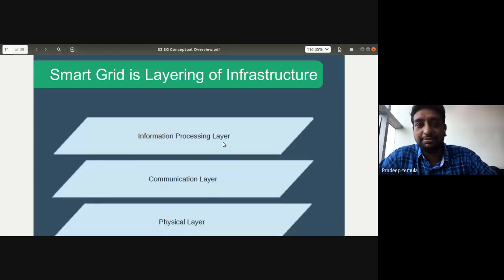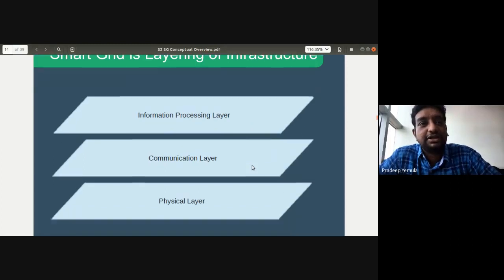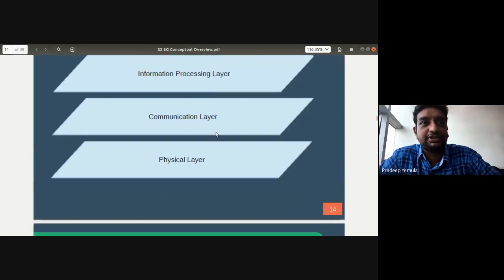If at all there is any problem anywhere, some voltage problem or any fault, then in the information processing layer, it will be addressed. So in a traditional grid, only the physical layer used to be there. Now we are incorporating sensors and adding a communication layer and adding an information processing layer. Then a system becomes smart.